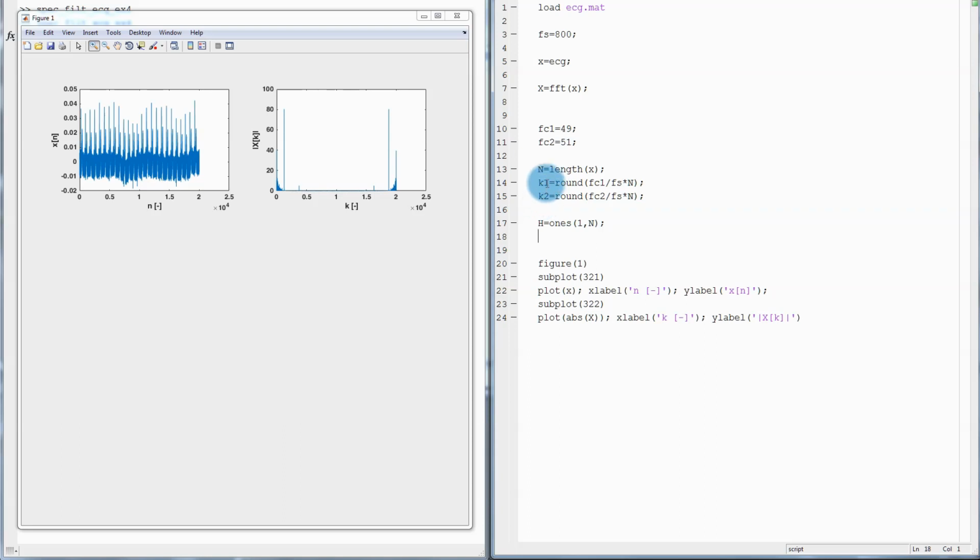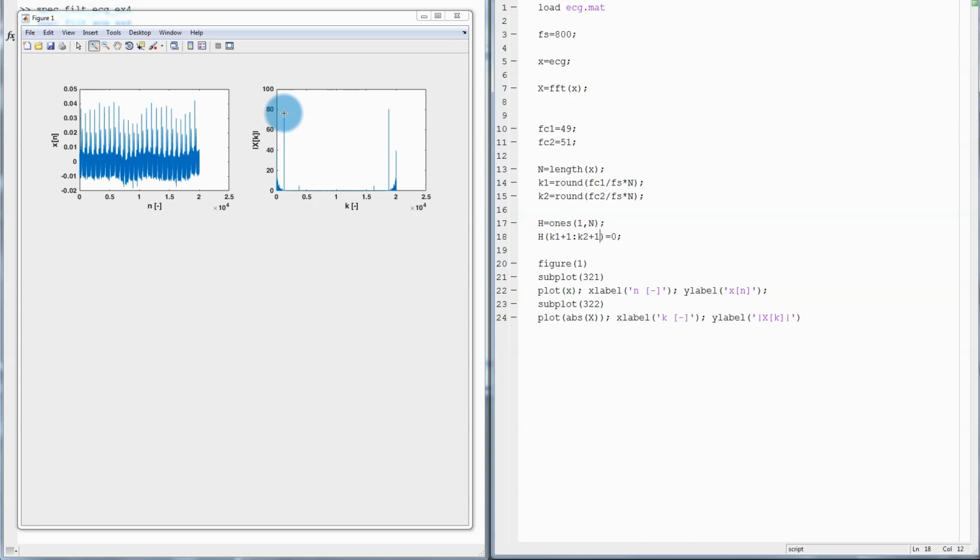Everything that is between these two indices. So I need to set this interval of the frequency response to 0. And of course, I must not forget that I'm in MATLAB, so I need to shift this by 1. And this would take care of this spike. This should delete this spike.